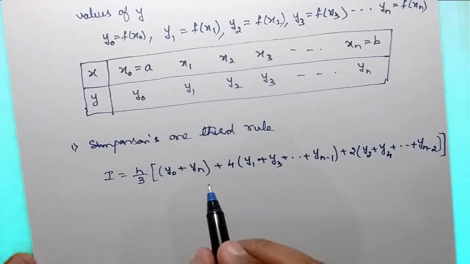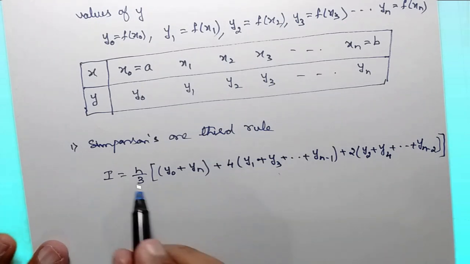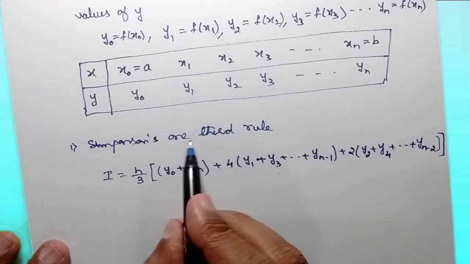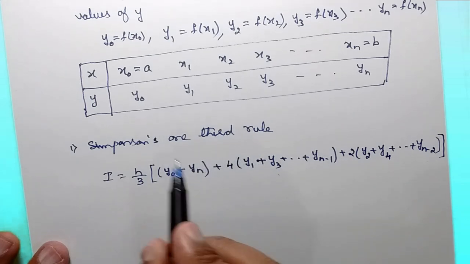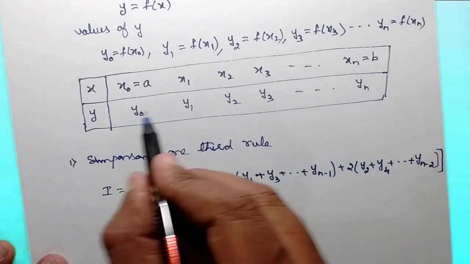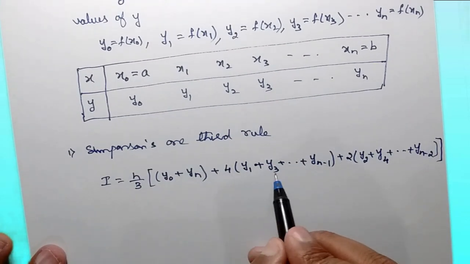If you try to see the way these values are written, h by 3 is because it is 1/3, so 1 by 3 times the h value, so that's the name 1/3. Then y0 plus yn, the initial value of y and the final value of y, plus 4 times y1, y3 and so on.